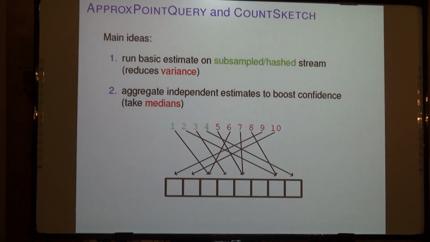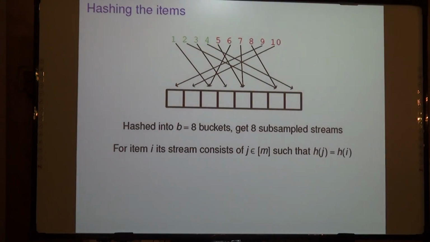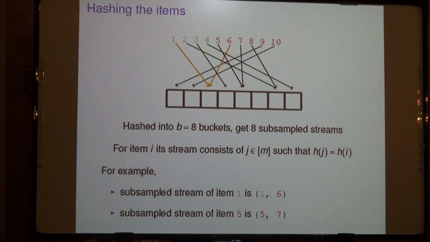Good. And so the hashing looks like this. Note that we're looking at our universe of data items, and these are the top guys, the 1, 2, 3, 4, and the noise. We're just hashing them uniformly at random to a largish number of buckets, order k, and then run the basic estimate on the content of every bucket. So here's a picture.